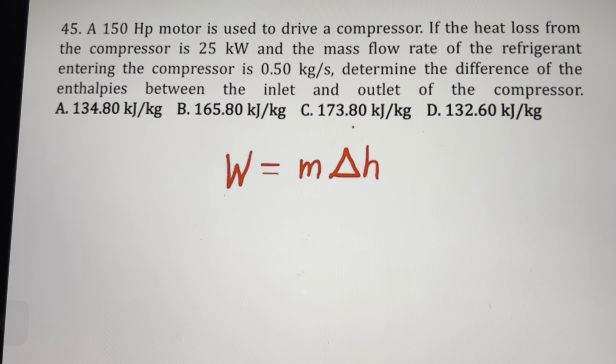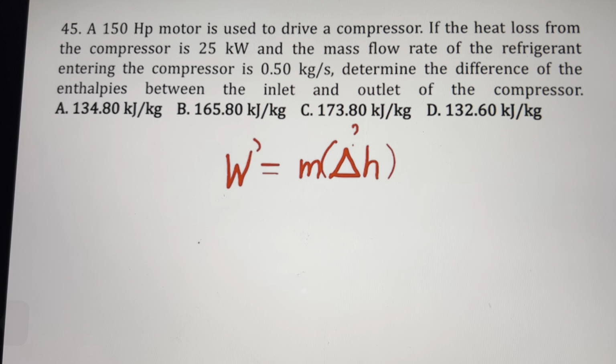So this is our unknown, the delta H. That is the ideal, meaning there are no heat losses in our system. But in this case, the compressor has a heat loss of 25 kilowatts. So this will be an actual process, and for our solution here, we will be considering the heat loss.